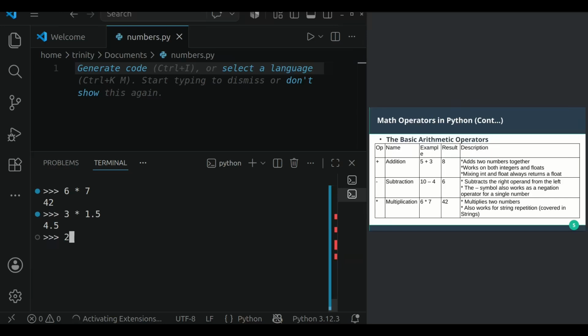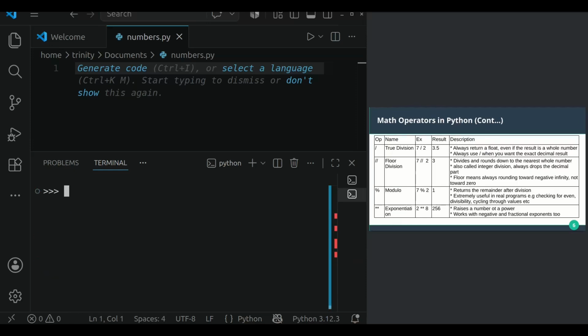We can also multiply an integer and a negative integer such as 2 multiplied by minus 4, which is going to give us minus 8. So we can do all sorts of operations that have to do with multiplication using the multiplication arithmetic operator. You can also multiply numbers like 3 multiplied by 5, that will give us 15, and so on and so forth.